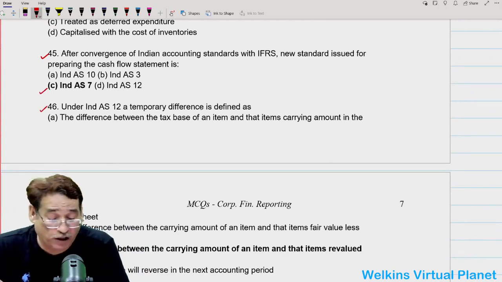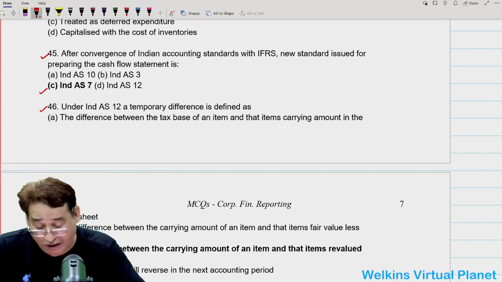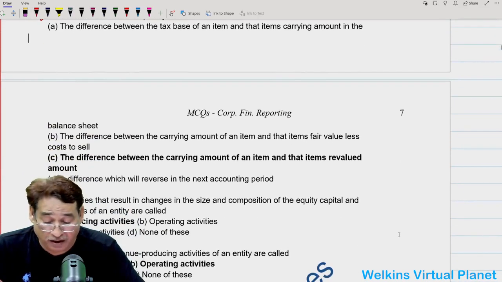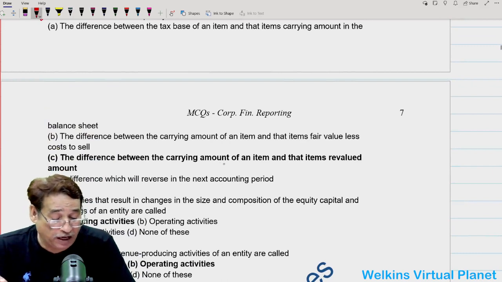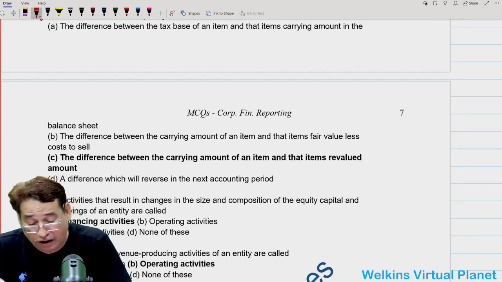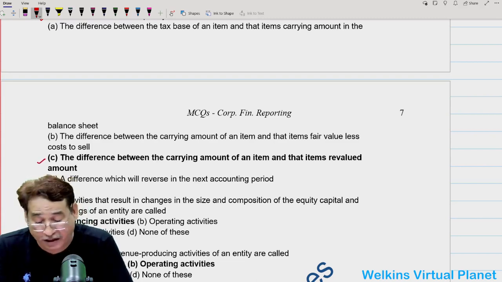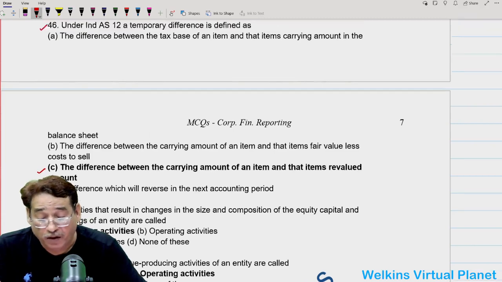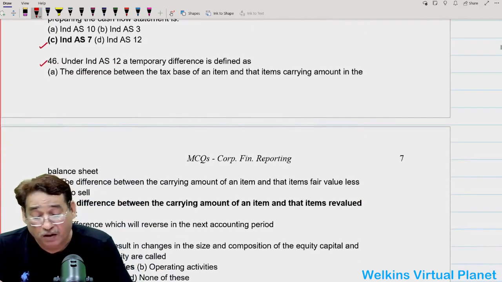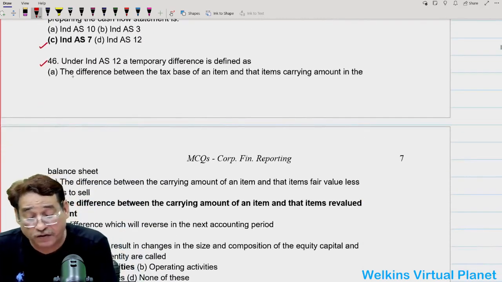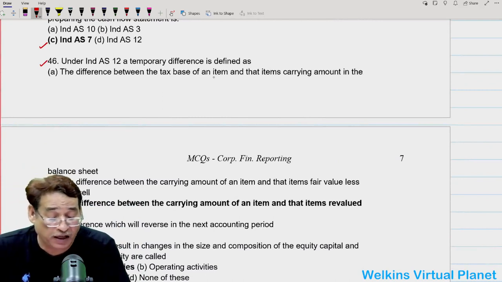Under Ind AS 12, temporary difference is defined as the difference between the carrying amount of an item and that item's revalued amount? Or, under Ind AS 12, temporary difference is defined as the difference between the tax base of an item and that item's carrying amount in the balance sheet.